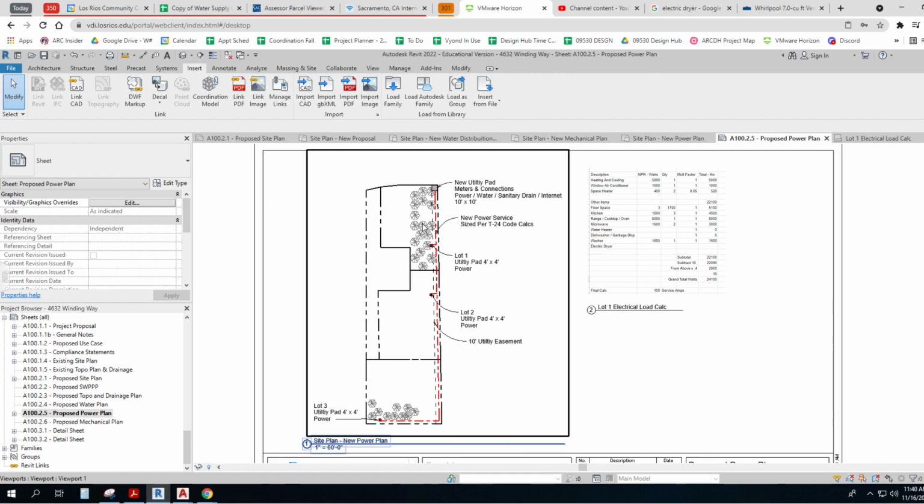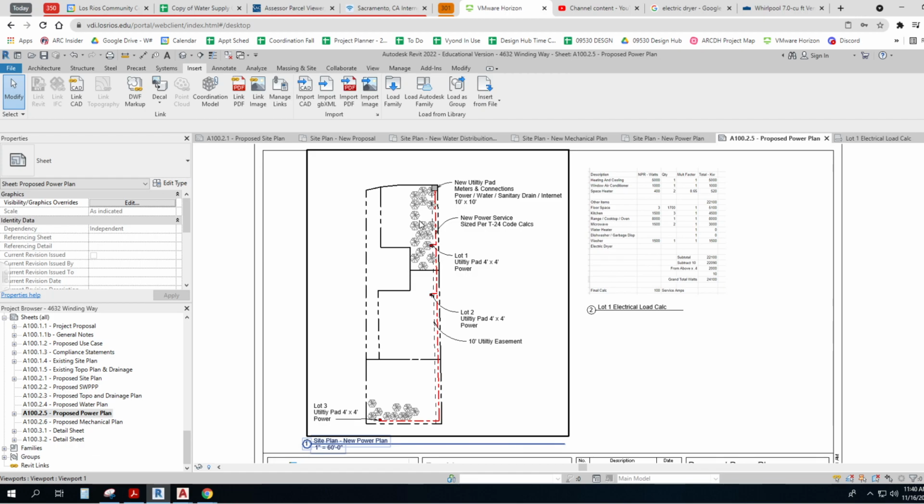So if they were all kind of the same, now you could, if you wanted to, make this for each lot. You could just say, well, I'm going to estimate this for a 2,000 square foot house, even if they only build 1,000 square feet, and a tiny house, and so on and so forth.